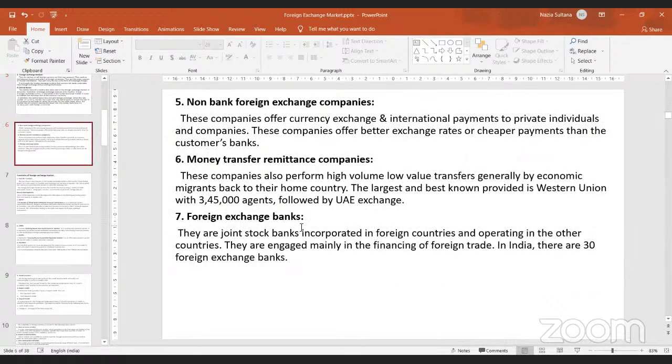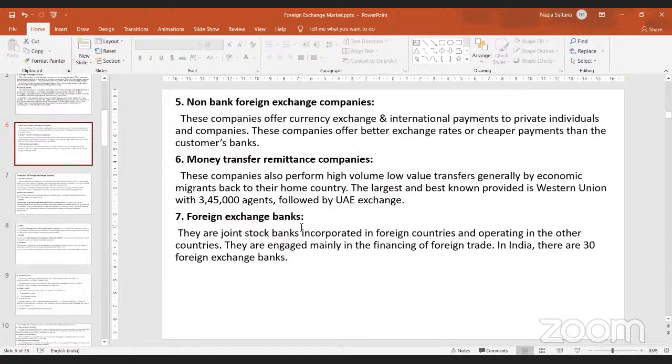Then you have non-bank foreign exchange companies. These are some of the international payment companies. They can also be private companies. For example, just like you have GPay, PhonePe, and other e-wallets which we use within the country, likewise you have PayPal when you're doing transactions in the international market.